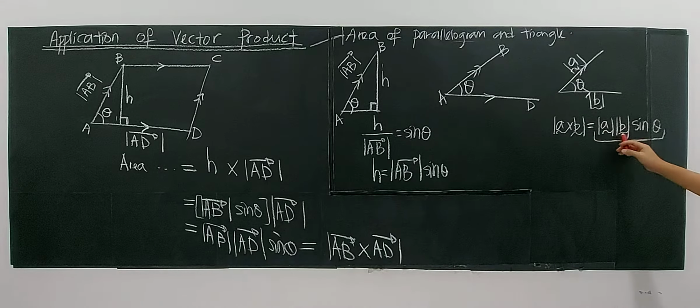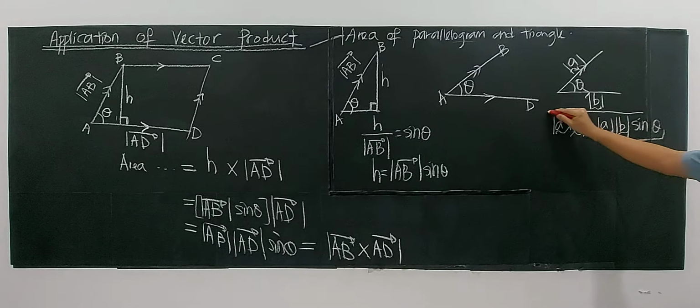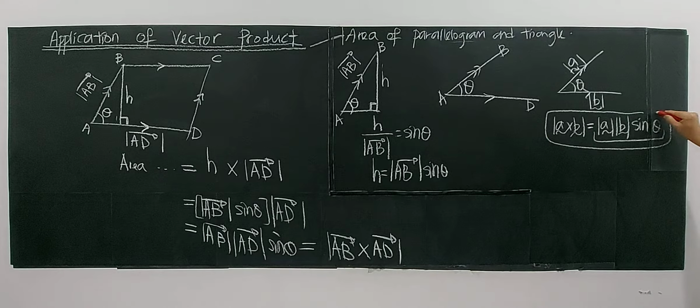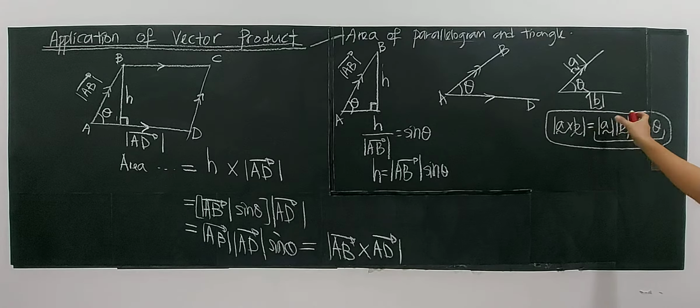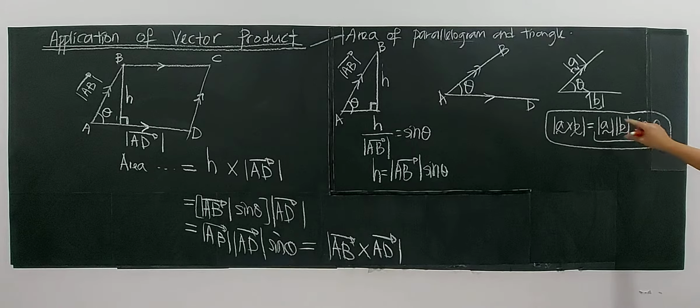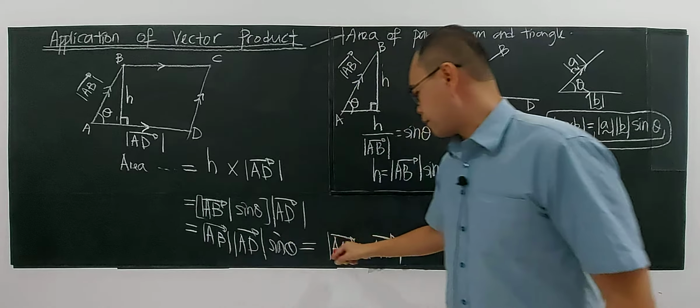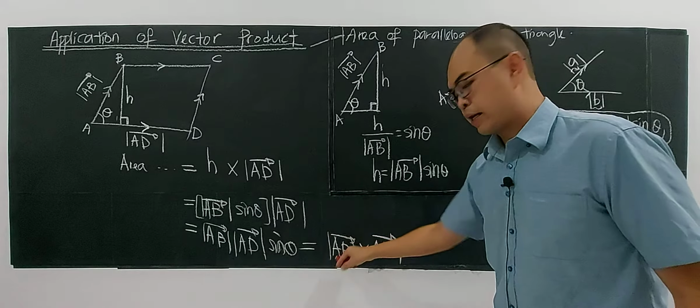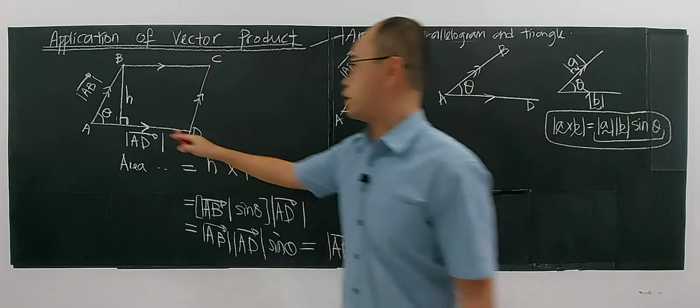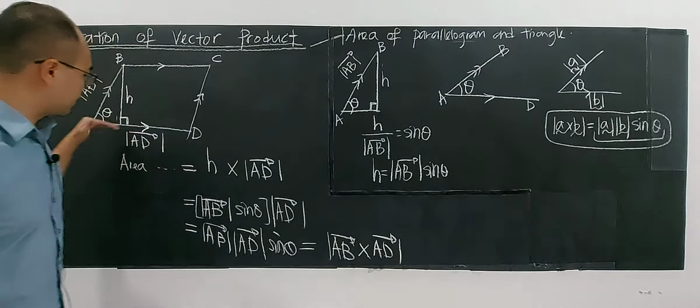Magnitude of A, magnitude of B, sine theta is the magnitude of A cross B, and this is the definition of cross product. So this product with sine theta is the same as the magnitude of the cross product of AB with AD.